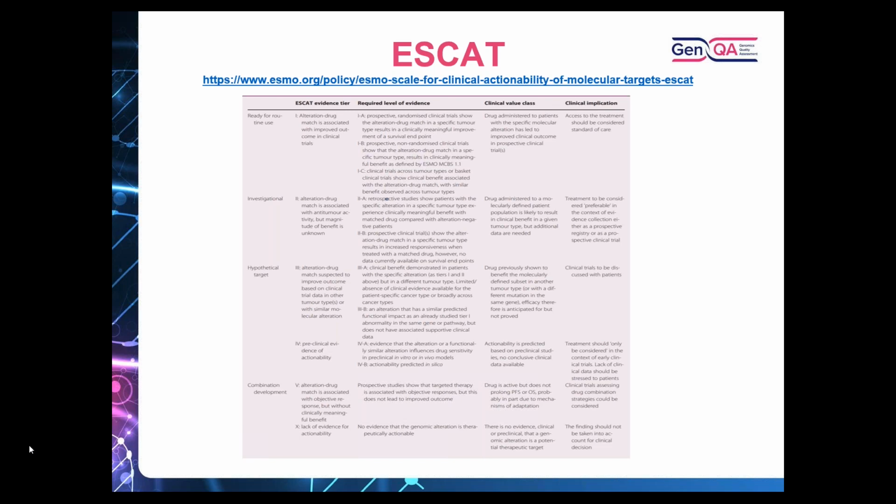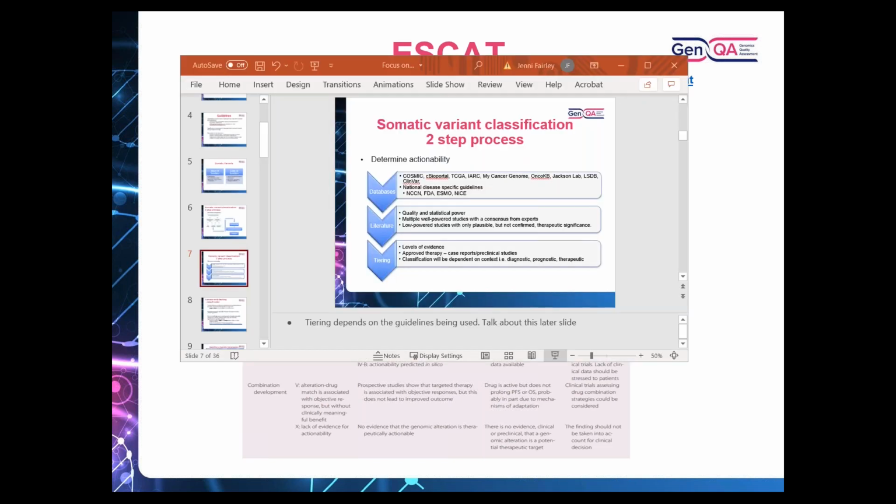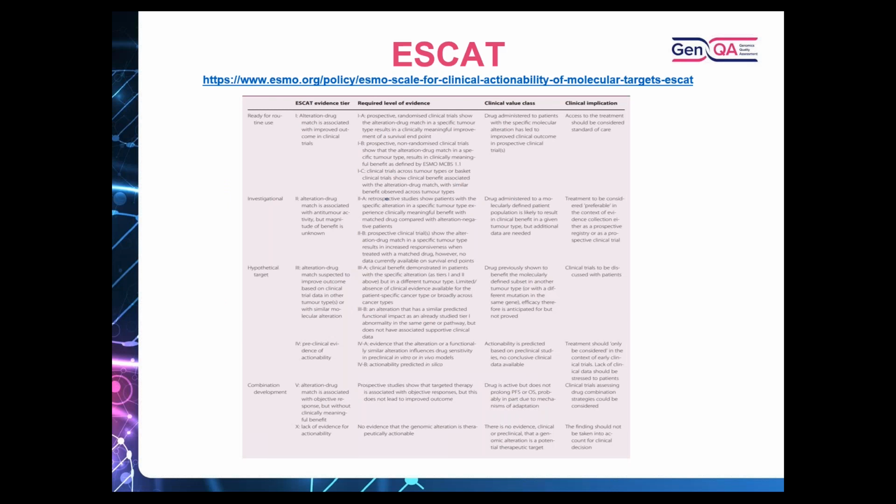There are a lot of similarities with the previous guidelines that I've just talked about. The main differences are that they defined 6 levels of clinical evidence for molecular targets according to the implications for patient management. So the tier 1 variants are targets that are ready for implementation in routine clinical decisions.